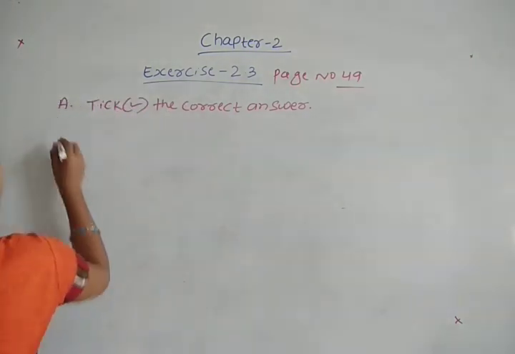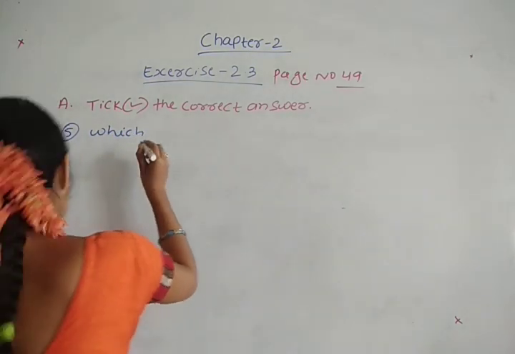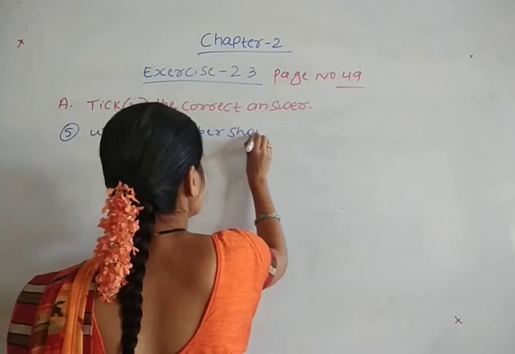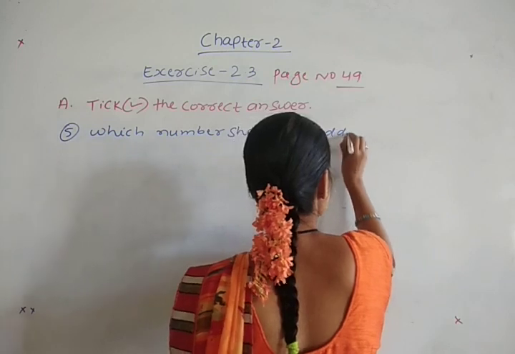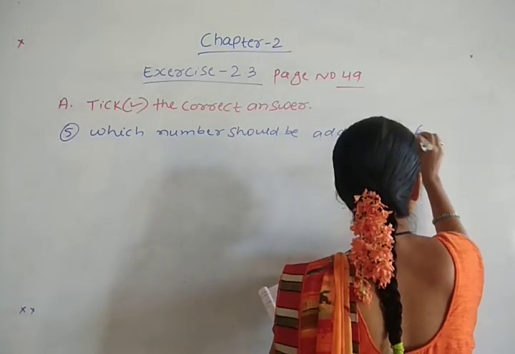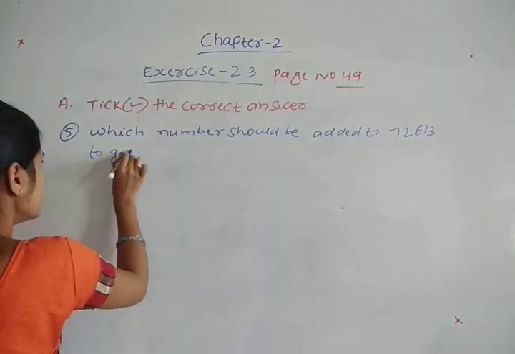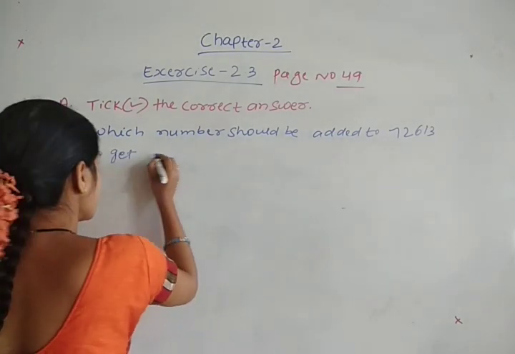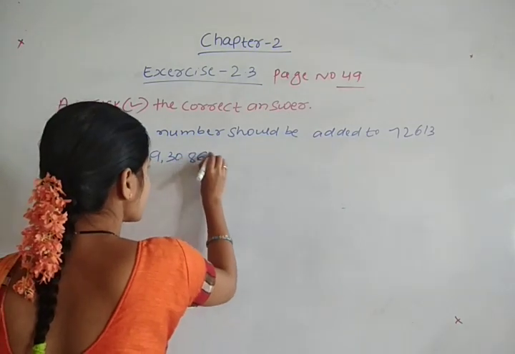Which number should be added to 72,613 to get 9,30,862?